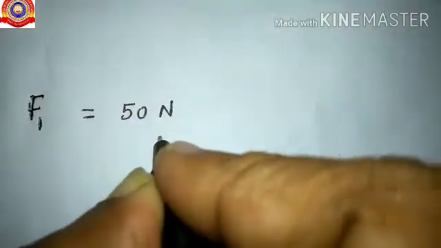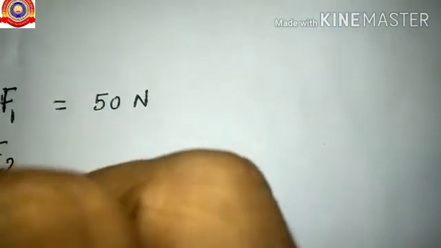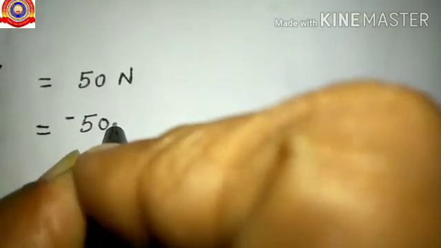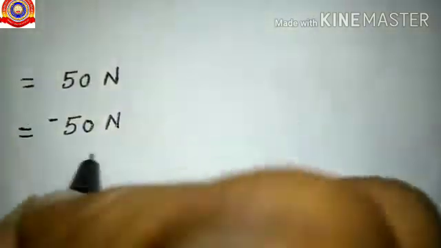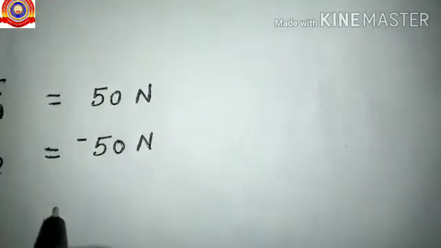F2 is also 50 Newton, but the force given by the second boy is in the opposite direction, so we have to give a negative sign, that is minus 50 Newton. The negative sign indicates the force given in the opposite direction.